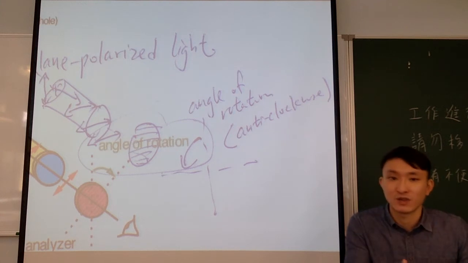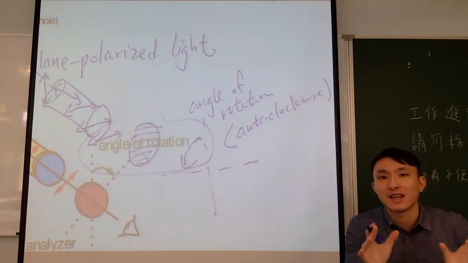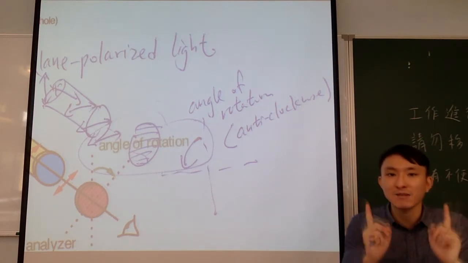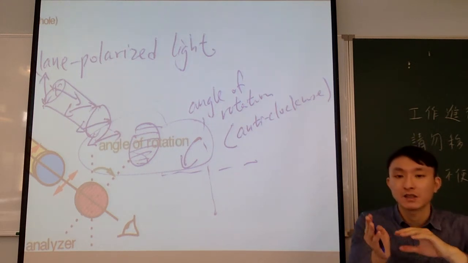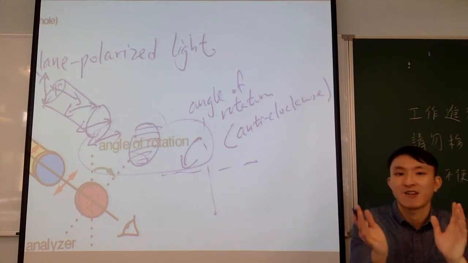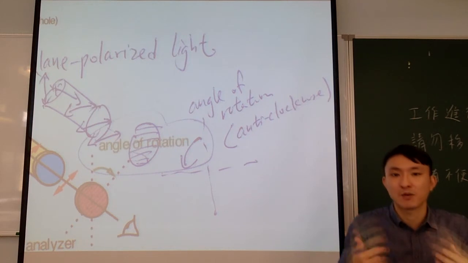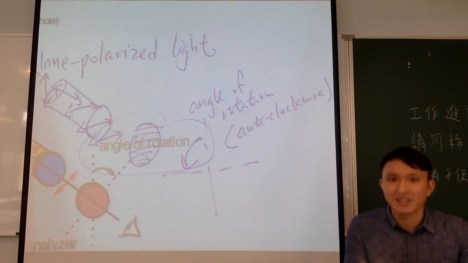What we try to do is look at the angle of rotation. The two enantiomers will rotate the plane polarized light to the same degree, but different direction. One clockwise, one anti-clockwise. So judging from the direction in which the plane polarized light is rotated, we are able to deduce which enantiomer it is. So that is the idea.